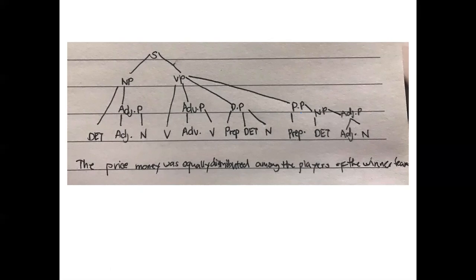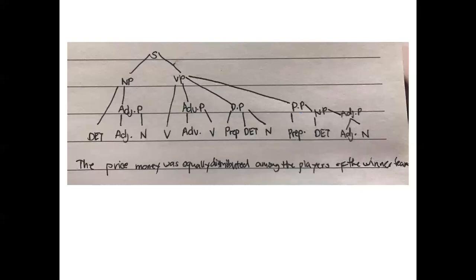So the NP we have in here is the, then we have an adjective phrase because prize is an adjective in here. What type of money? It is prize money. So the prize money is an adjective phrase. Determiner plus an adjective phrase will become a noun phrase.